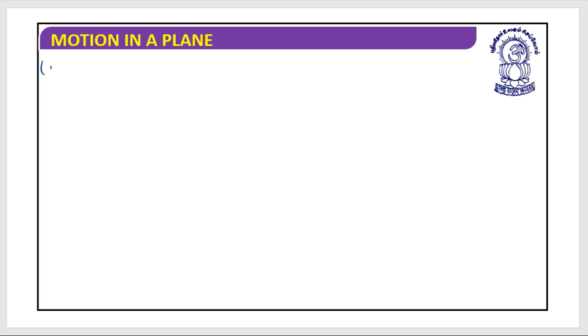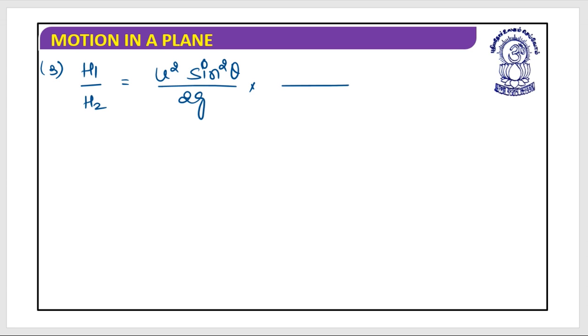Next, let me add something. Third is H1 is to H2, the ratio of the maximum heights. Now H1 is u square sine square theta divided by 2g, and H2 is u square sine square of 90 minus theta divided by 2g.